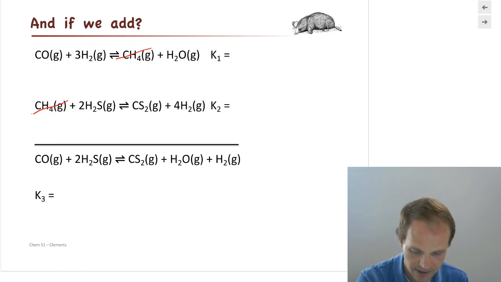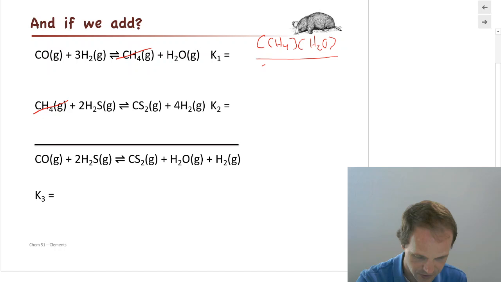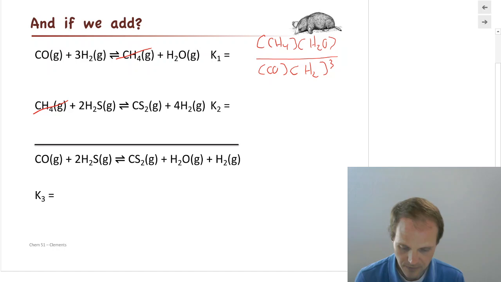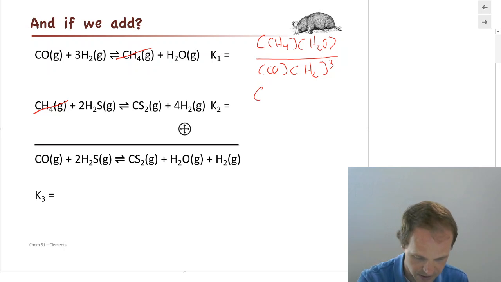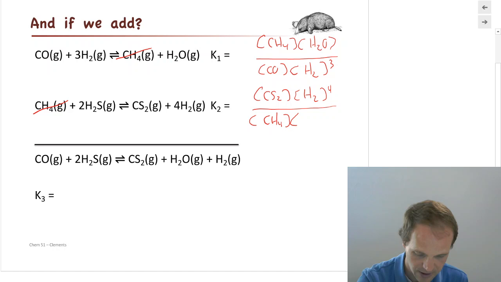Our K1, if we look at it, is going to be the concentration of CH4 times the concentration of H2O over the concentration of CO times the concentration of H2 cubed. Our K2 is the concentration of CS2, concentration of H2 to the fourth over concentration of CH4 times the concentration of H2S squared.